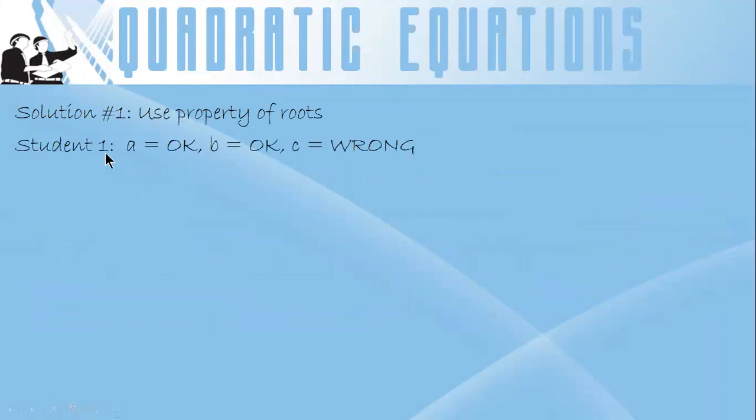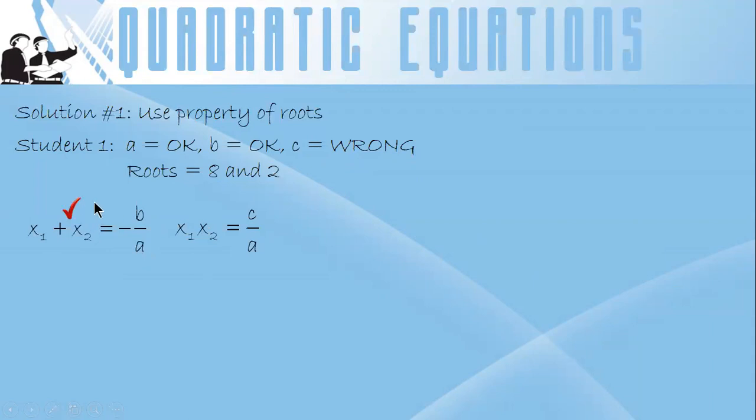Okay. For the first student, he made a mistake in the constant term. His A and B are okay. Correct, no? But he made a mistake in the constant term. Therefore, his roots are 8 and 2. So, of the two properties, we cannot use the product because his C is wrong. But the sum we can use, because his A and B are correct.